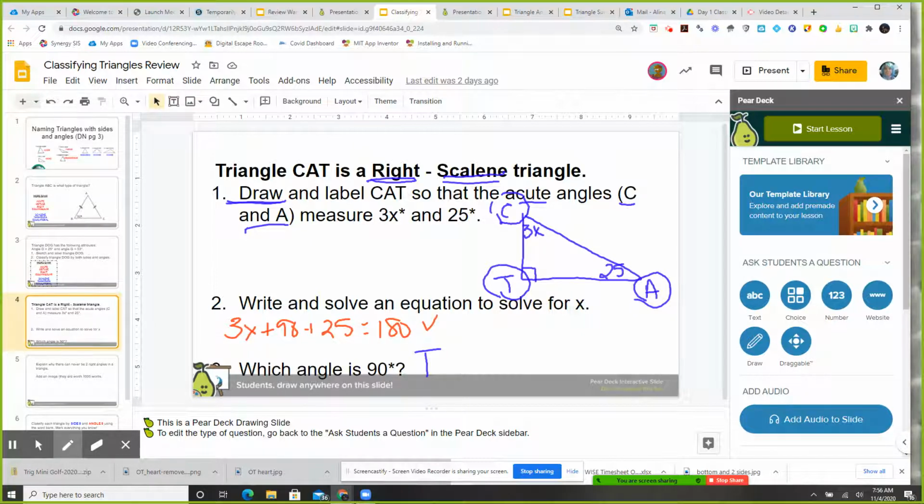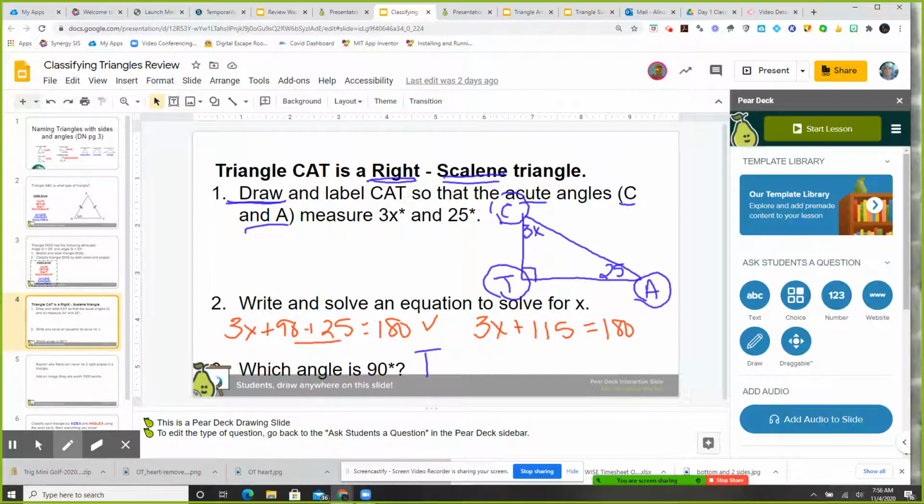Anybody got another idea of an equation I could write? Say it again, Victoria. Yeah, so we could add 90 and 25 and save ourselves a step. We could do 3x plus, and I can kind of do that in my head if I'm careful, 115 equals 180. So I can save a step. That would be the next step in Leah's equation.